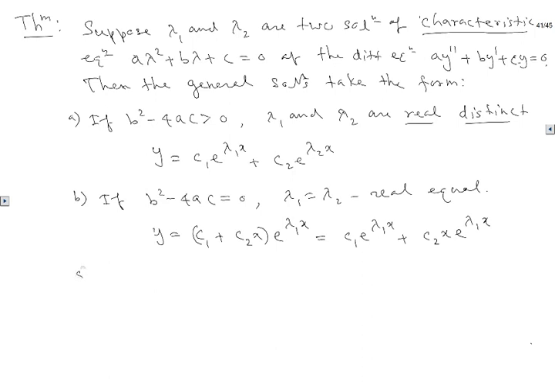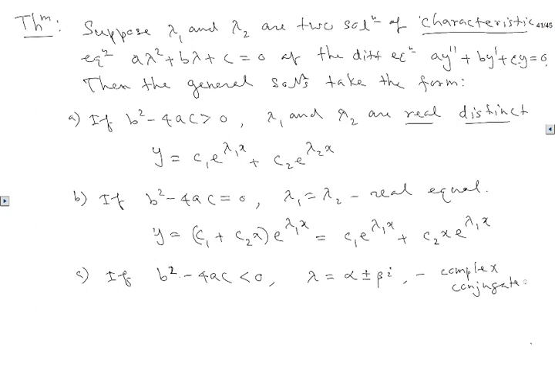The third case, if b squared minus 4ac is negative, then what's going to happen? Your lambda can be written as alpha plus or minus i beta. These are complex conjugates.